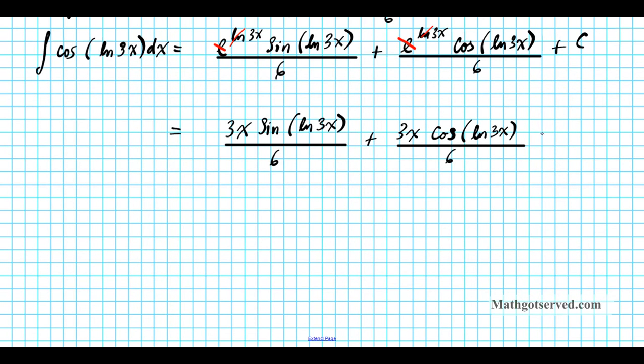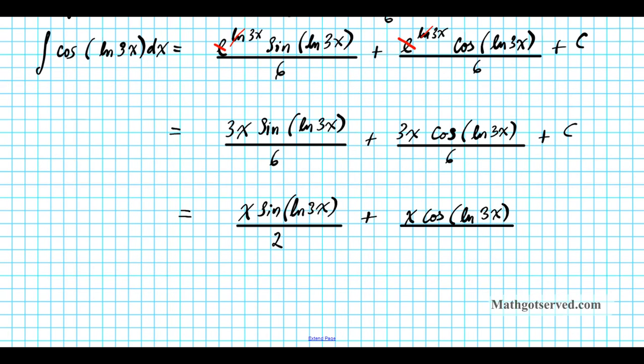plus c. Okay, and you notice 3 can go into 6 in both terms, so our final answer is going to be x sine of the natural logarithm of 3x over 2, or you can write it as 1/2, makes no difference, over 2 plus x cosine the natural logarithm of 3x over 2, also because 3 goes into 6 two times, over 2 plus c.